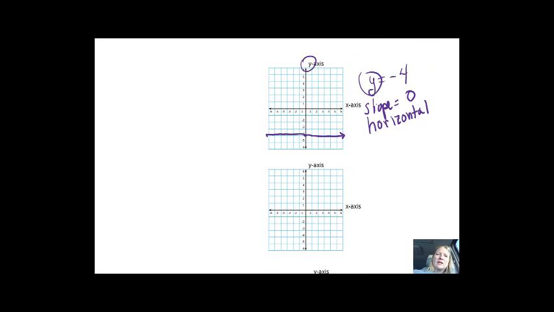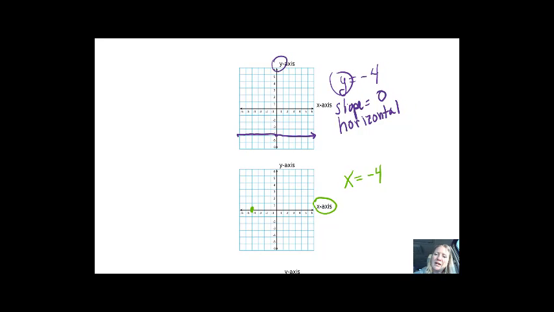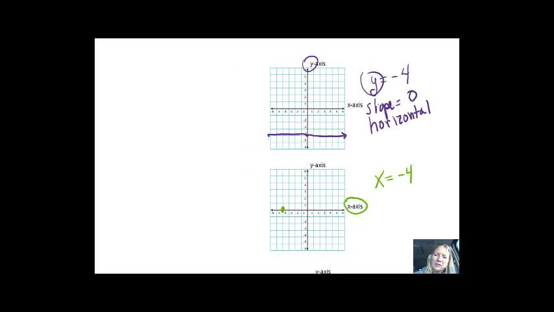So if I try it with x, x equals negative 4. That's the x-intercept, so I go on the x to negative 4. And I put a point 1, 2, 3, negative 4 right there. Every x is negative 4. So that means this is going to be a vertical line, so that x is always negative 4.